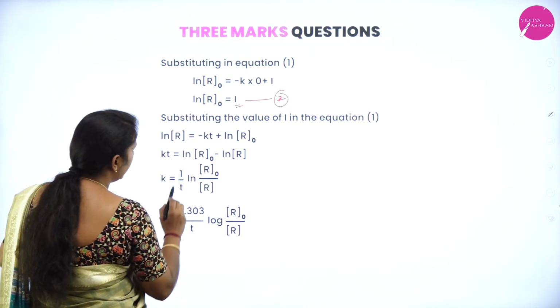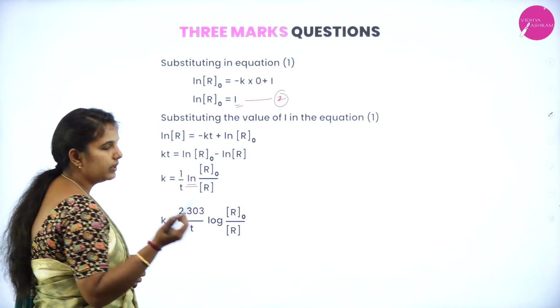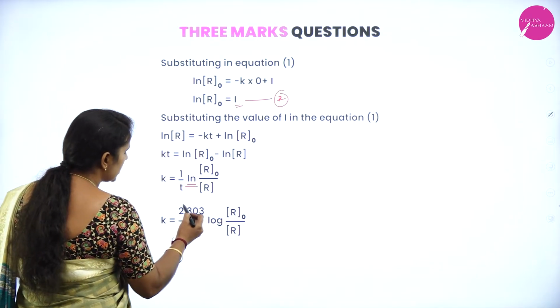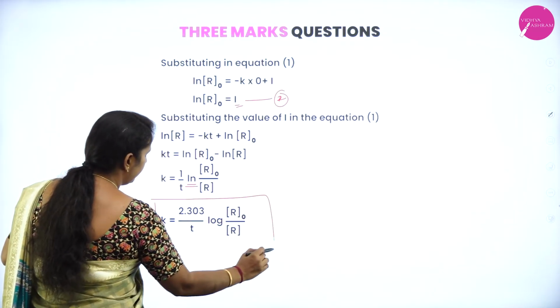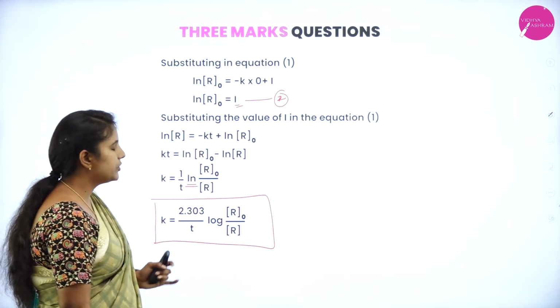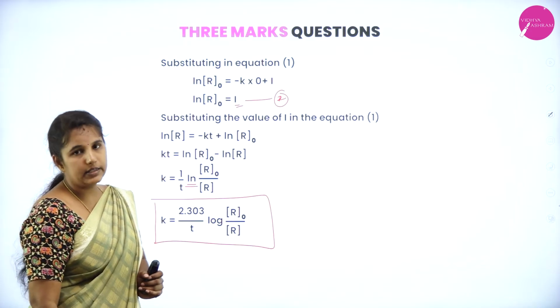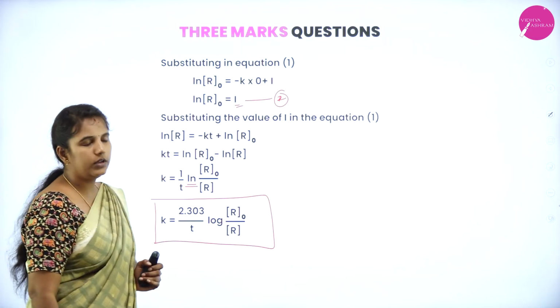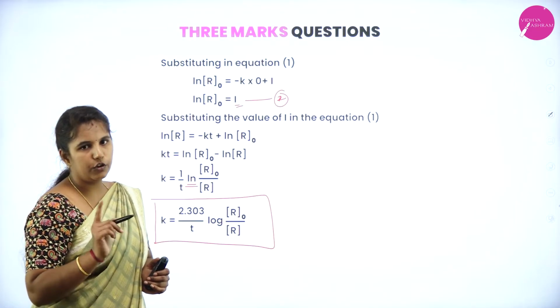If you want to remove the ln, you need to multiply it by 2.303. So, k is equal to 2.303 divided by t into log of [R]0 divided by [R]. This is the integrated rate equation for the first order. This is how you need to write the integrated rate equation for the first order.